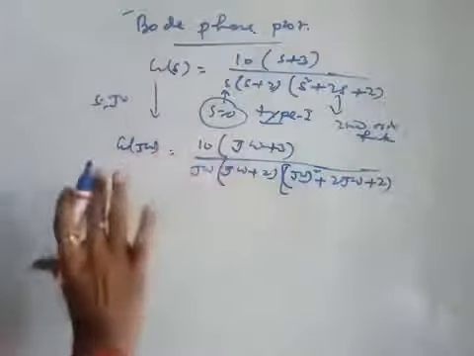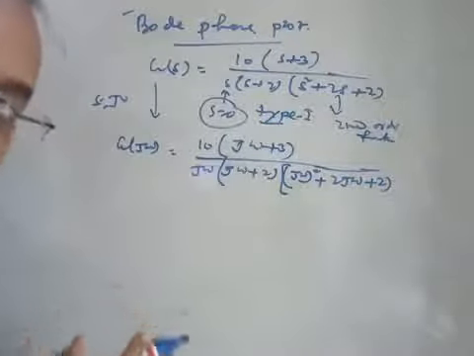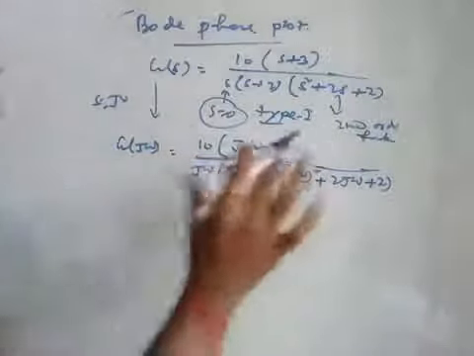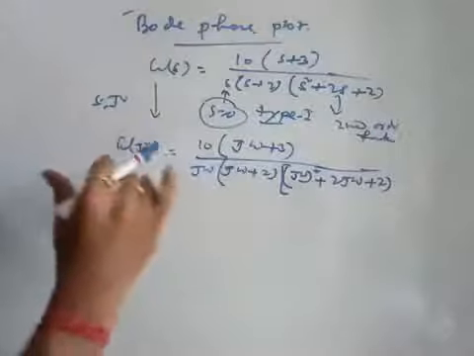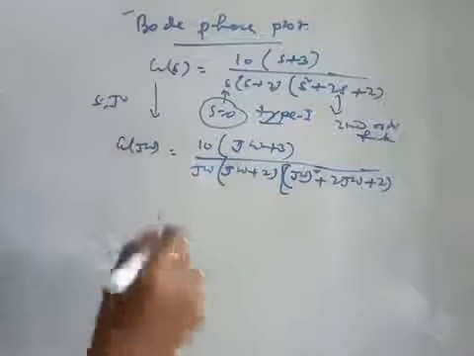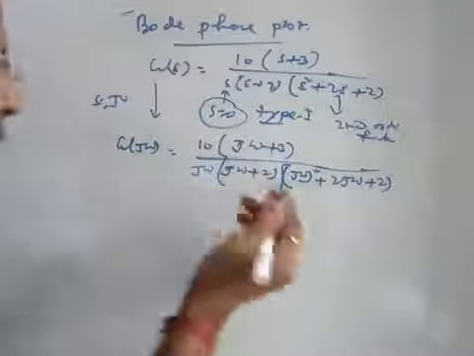To get the phase of any system, you may or may not use the time constant form, but here without the time constant form also you can get the phase.